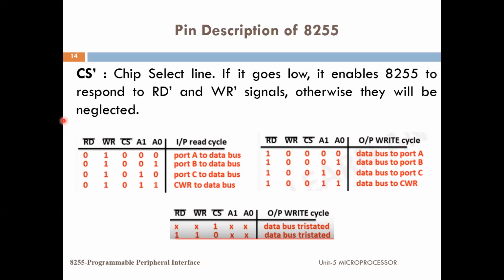The data bus buffer, depending upon the signals provided by the input signals and the read and write logic component, will pass that data onto the internal data bus, and from that internal data bus the ports will get the data, and accordingly it will pass on to the peripheral devices connected to the microprocessor. So if you are performing the write operation, the write signal should go low and the read signal should be high.